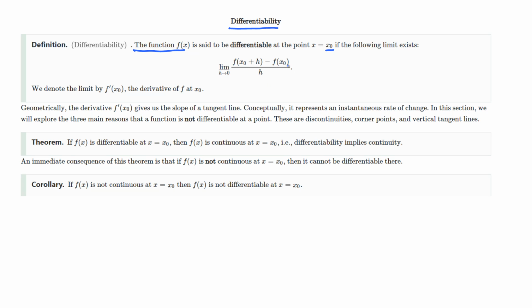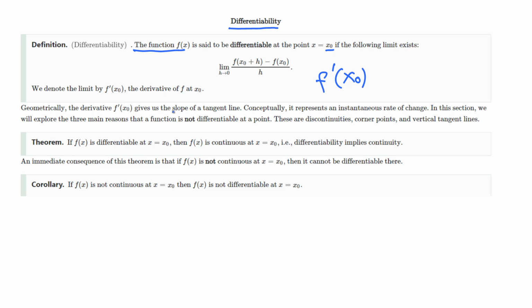Okay, and we denote this by f prime at x0, which is called the derivative of the function f at the point x0. Geometrically, the derivative at the point gives us the slope of the tangent line at this particular point.